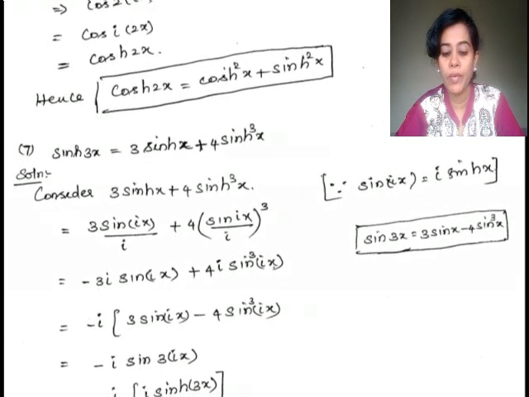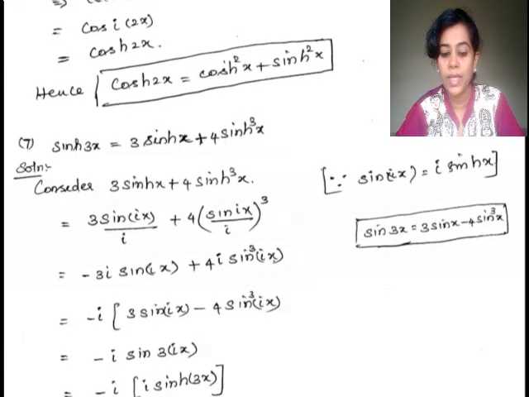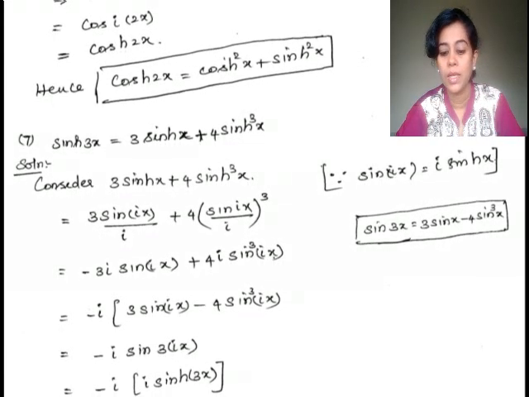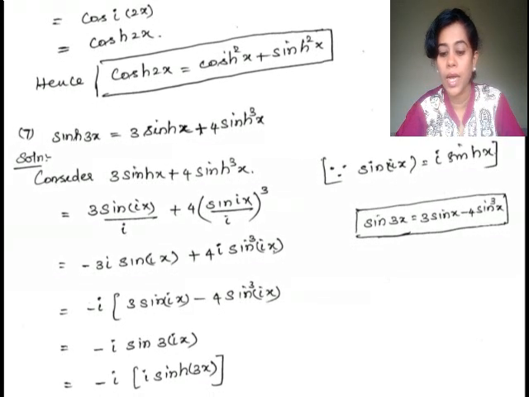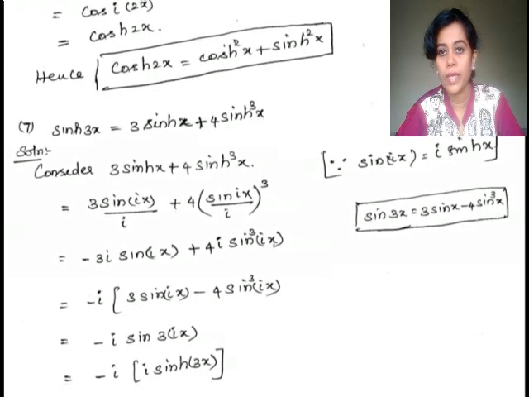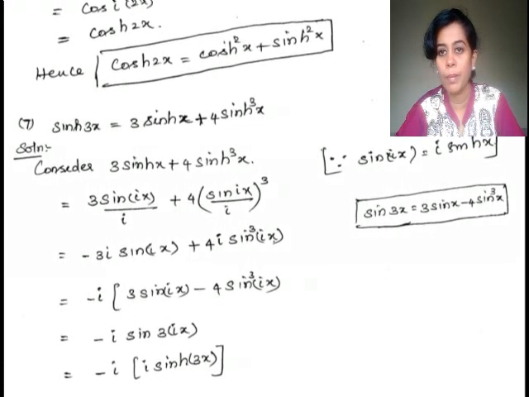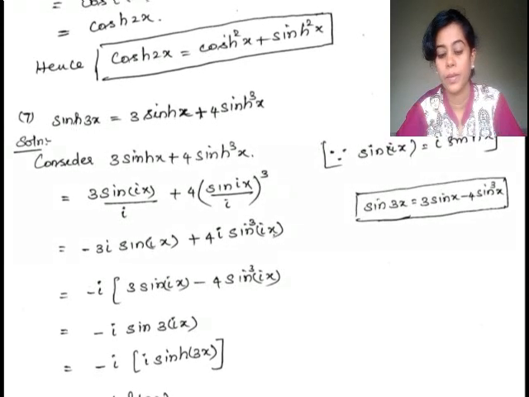This 1 by i we can write as minus i in the numerator. So minus 3i of sin ix plus, why is it plus? Because here i cube is minus i. So minus i will be taken into the numerator, that will be plus i. So therefore it is 4 times i sin cube ix.